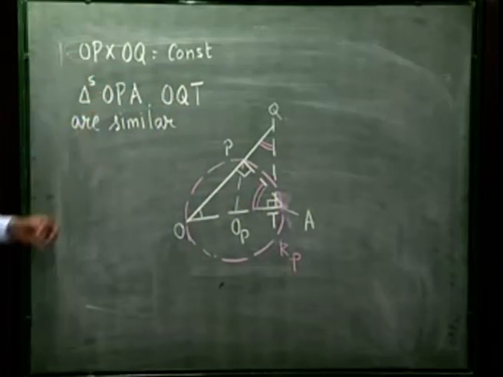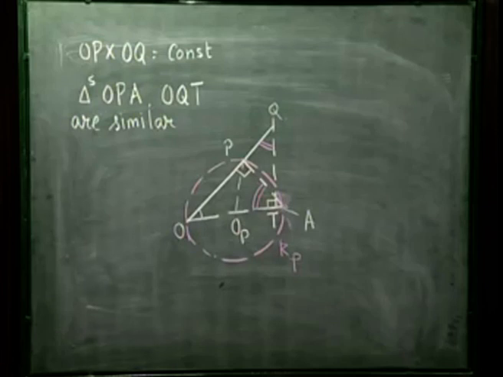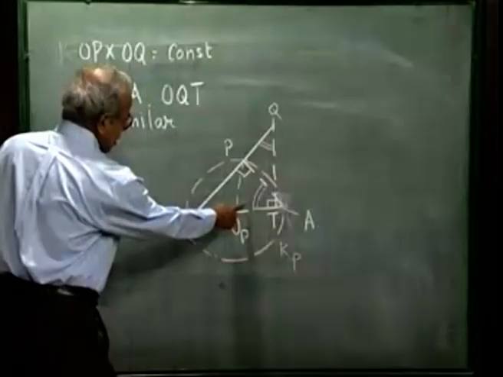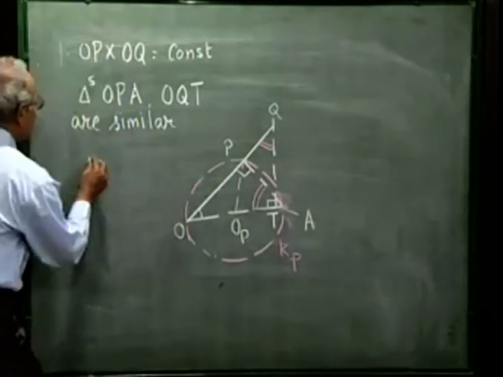Now, if these two triangles are similar, then the ratio of their sides will be proportional. That means opposite to this angle, I have OP in this triangle.